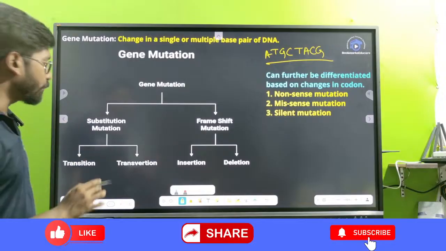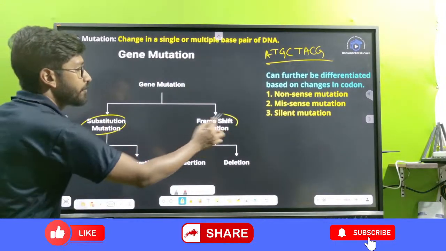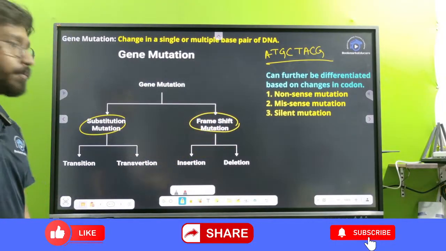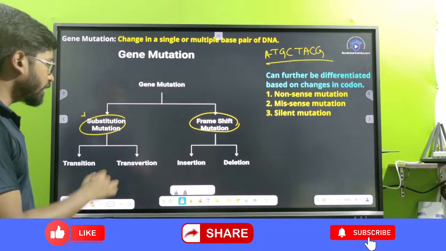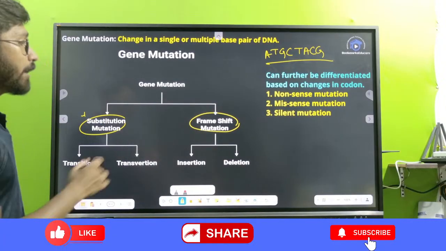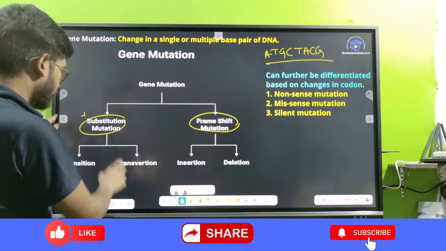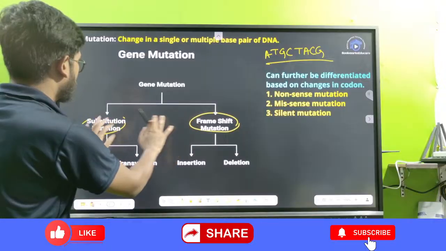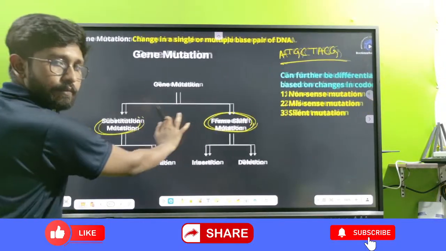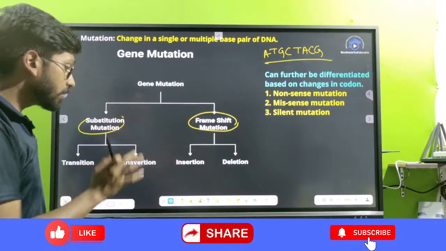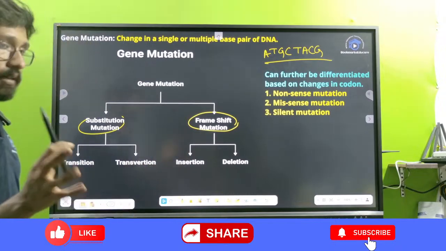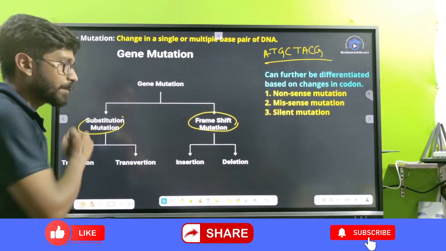There can be two types of mutation: substitution, frame shift. Substitution means something is substituted by other, and frame shift means this is a frame, I moved the frame like this. This frame move हो रहा है. This is what is called frame shift. Let's first see substitution mutation.